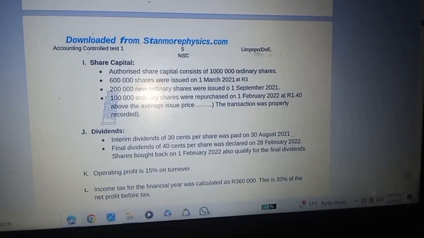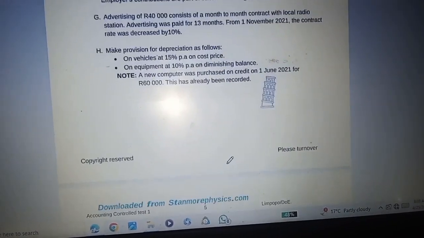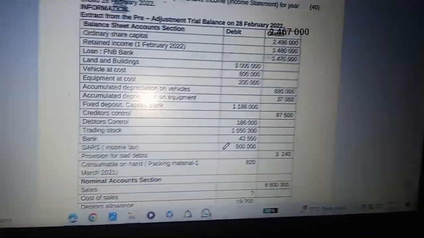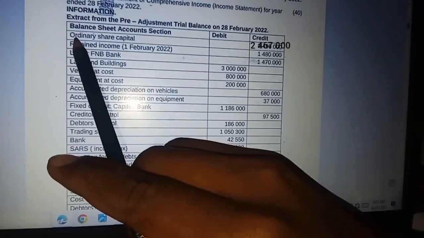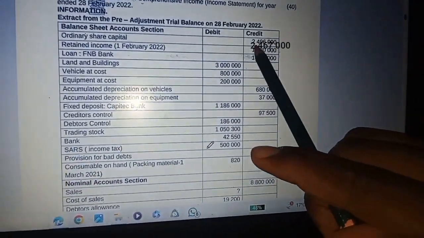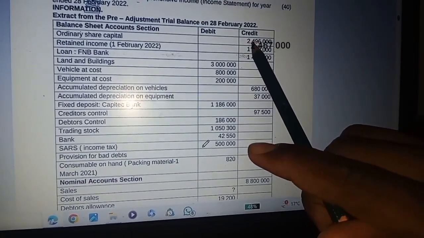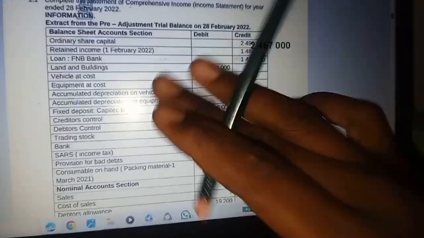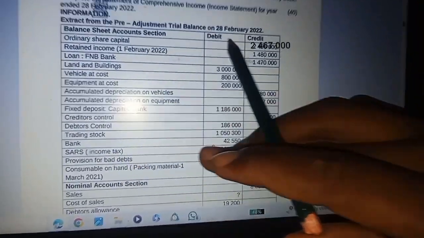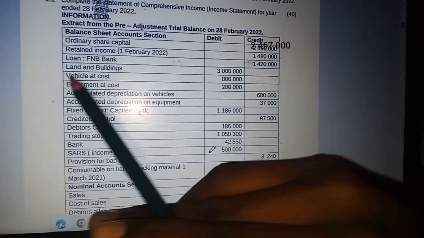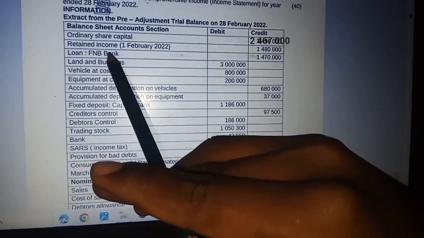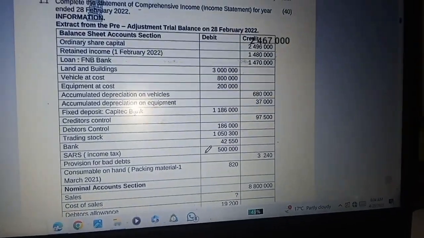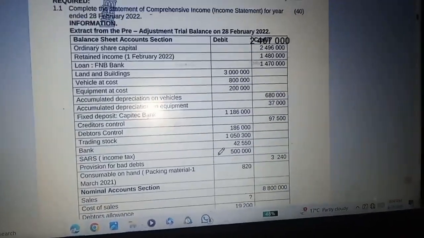So we are going to check the balance at the beginning or at the end, maybe given. We see the ordinary share capital, they say 2,467,000. They did not indicate it in brackets, so we assume that this amount is at the end of the year, because when you check the retained income, they say 1 February 2022, meaning that one is from 1 January.